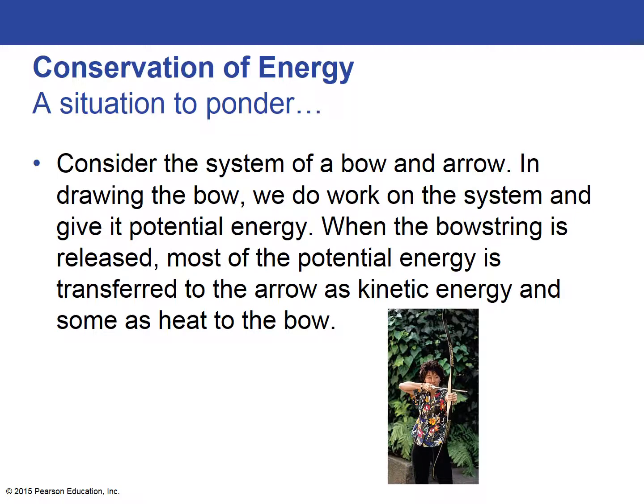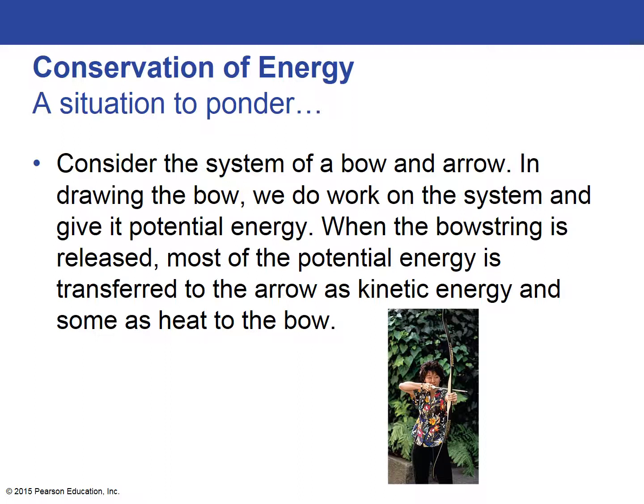Now, the bow and arrow also gives us a scenario where conservation of energy can be applied to explain the motion of the arrow after we release the bow. So initially, when the string of the bow is pulled back with the arrow loaded, attached to it, we are increasing the potential energy of the system.